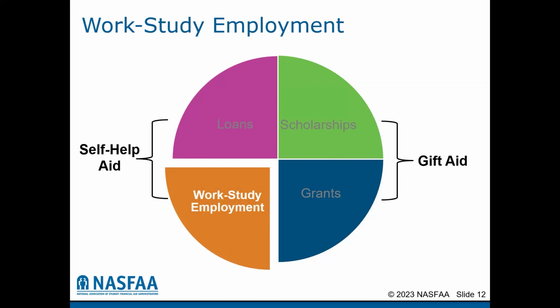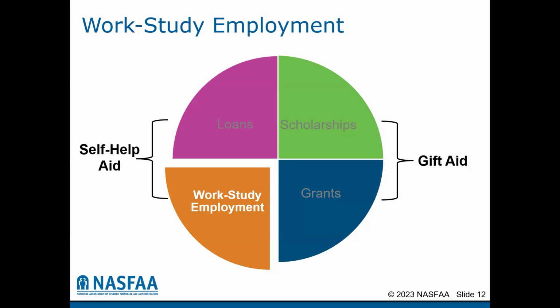Now, let's move to talk about self-help aid. First on the list is work-study employment. Work-study employment allows a student to earn money to pay for educational costs. They may be compensated by receiving a paycheck for work completed or in the form of non-monetary compensation, such as providing food and housing for a resident assistant position.